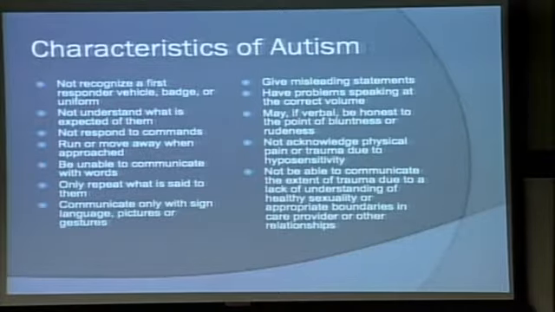They may not be able to talk, to communicate with words. They may only repeat back what is said, sort of like Rain Man, you know, repeat things back. Communicate only with signs, languages, pictures, or gestures. Give misleading statements. Have problems speaking at a normal volume. Yell at you, or be very quiet.